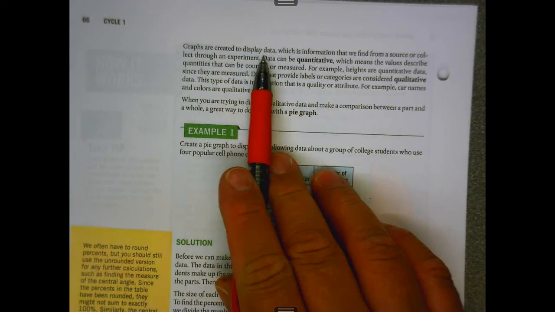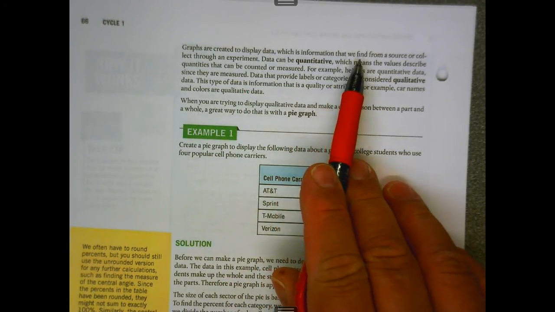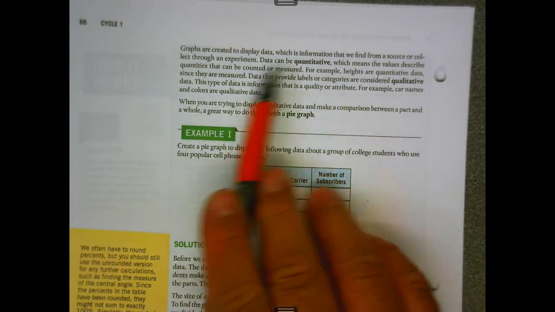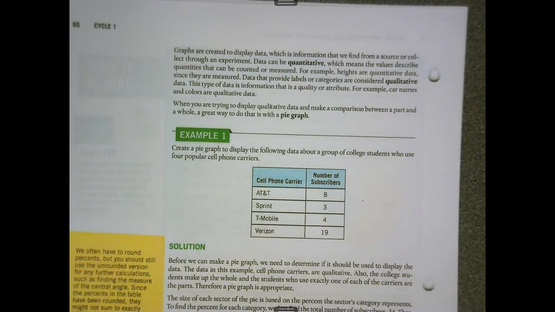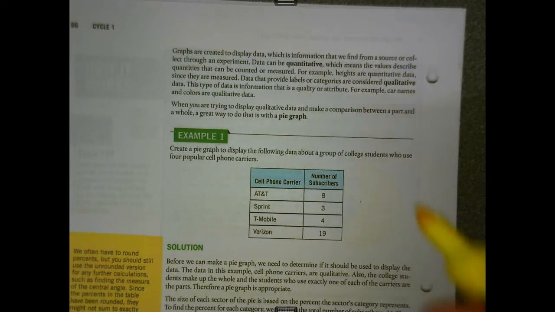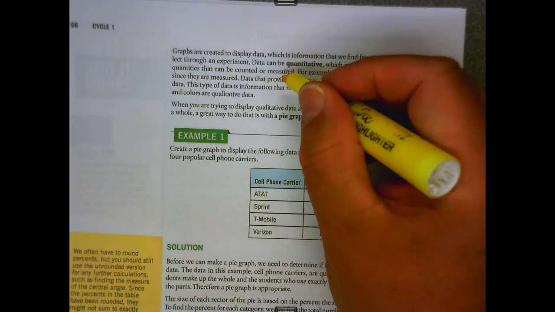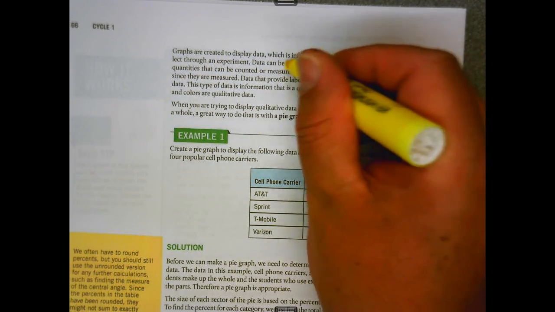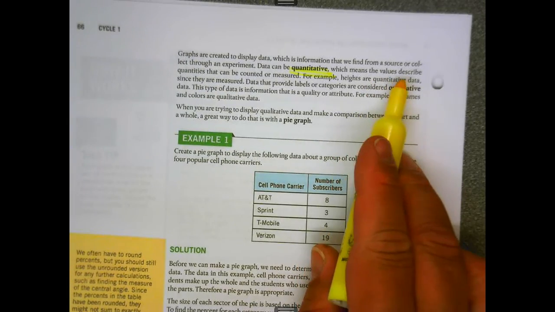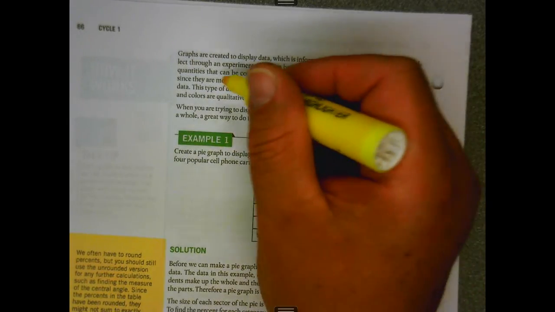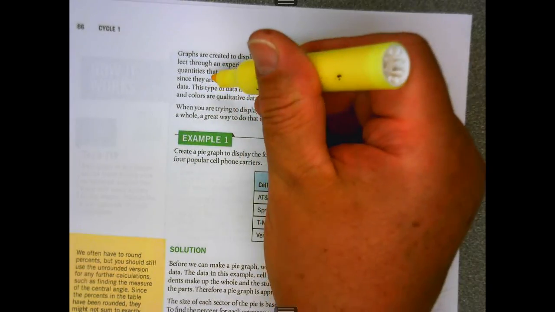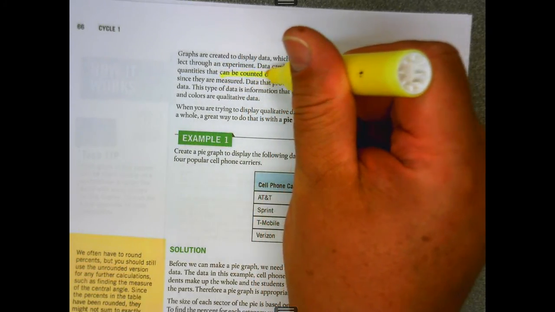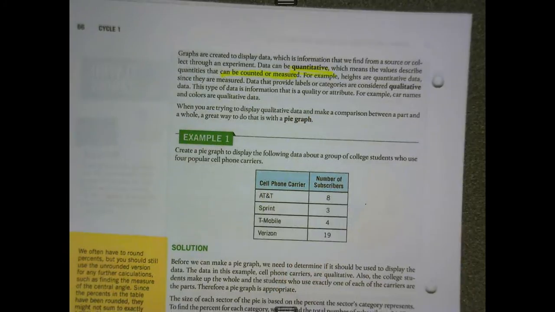Data that can be quantitative means that the values describe quantities that can be counted or measured. That word should look pretty familiar to you because that's part of the description of this course. We deal with measured data.